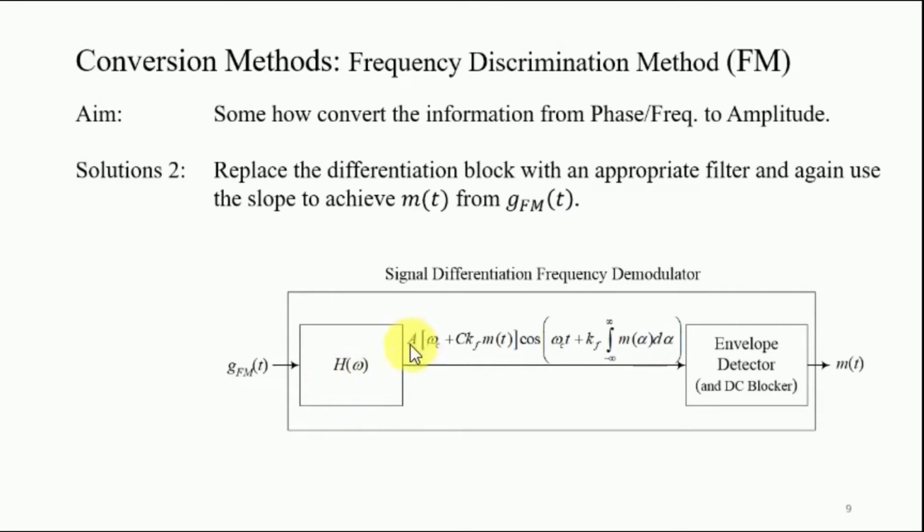Hence, to start with, we will have a frequency modulated signal that would pass through an appropriate filter, which I have expressed as h of omega. Previously in the differentiation, h of omega was simply equivalent to j omega, right? So this would generate a time domain signal whose amplitude is varying with respect to the message signal. And once we do that, we would eventually use an envelope detector followed by a DC blocker or simply a capacitor in series with the circuit to achieve back our message signal, right?